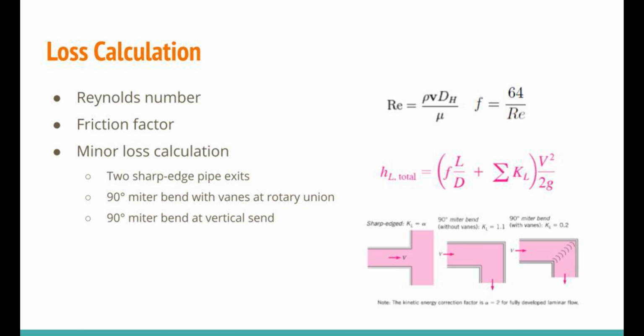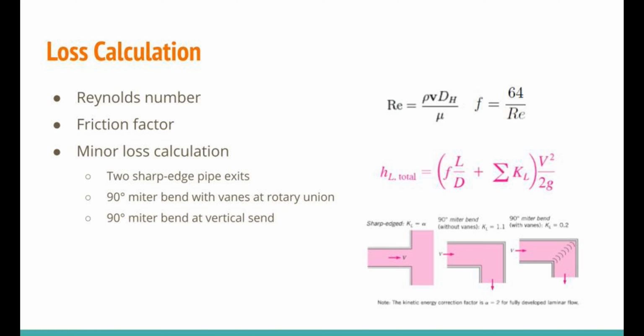Through the minor losses, we noted that we had a couple different factors that contributed to our losses. We found that there were 2 sharp edge pipe exits that went from the spiral into the axis. We also had a 90-degree miter bend at the rotor union, which had vanes on it.